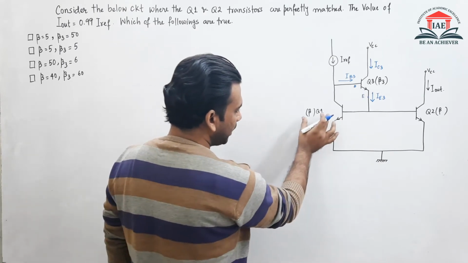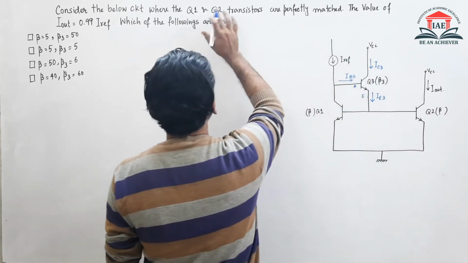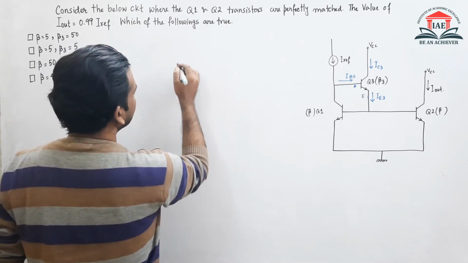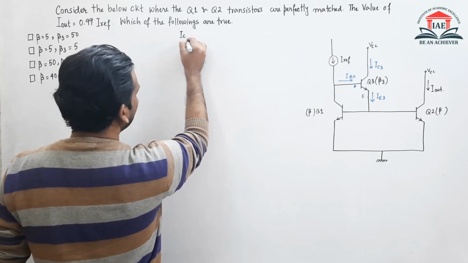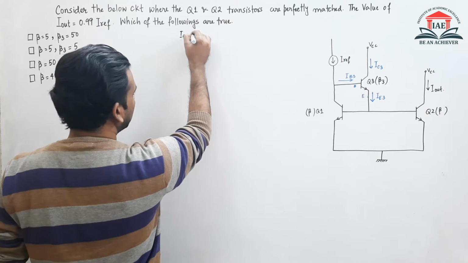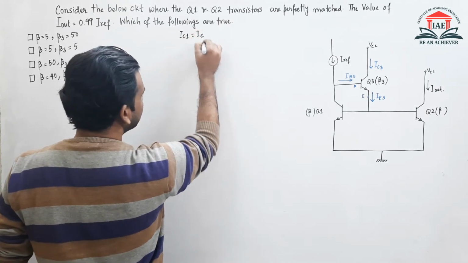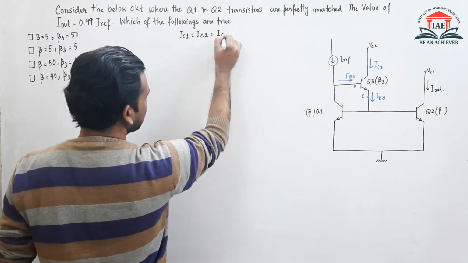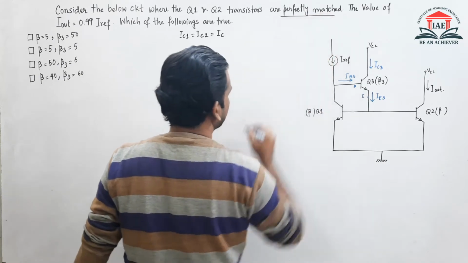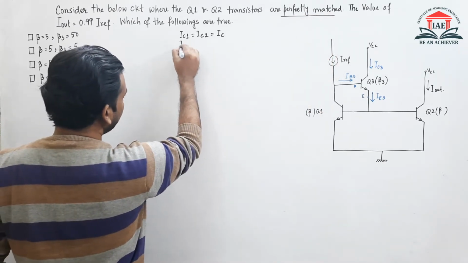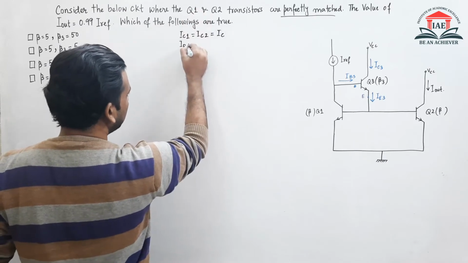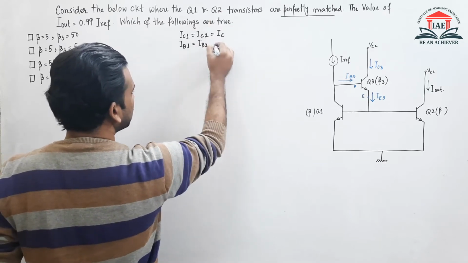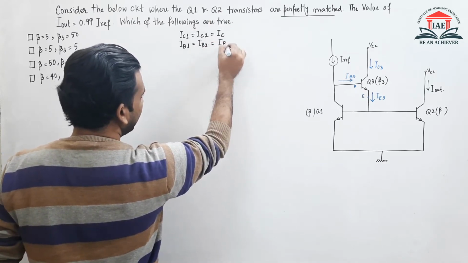Now let us see Q1 and Q2. Q1 and Q2 transistors are perfectly matched. So I can say that the collector current of the Q1 transistor, IC1, will be equal to the collector current of the Q2 transistor, IC2. These two will be the same, so let us denote it as IC because they are perfectly matched. Another thing, the base current of Q1, IB1, will be equal to IB2 of Q2, and let us say the value is IB.